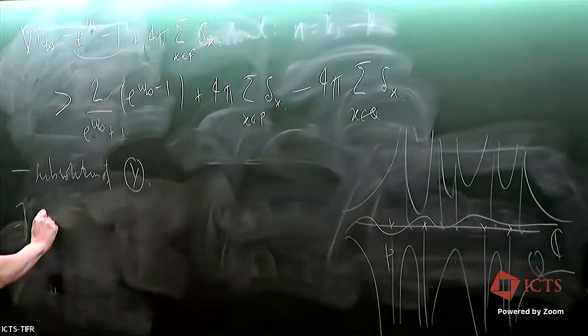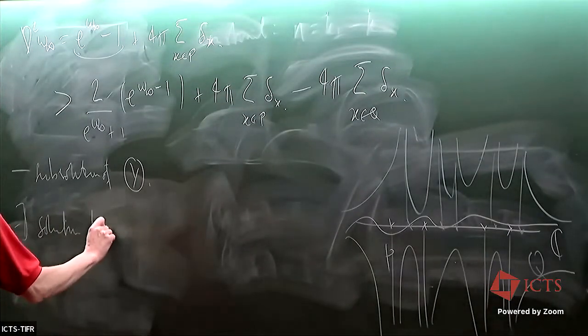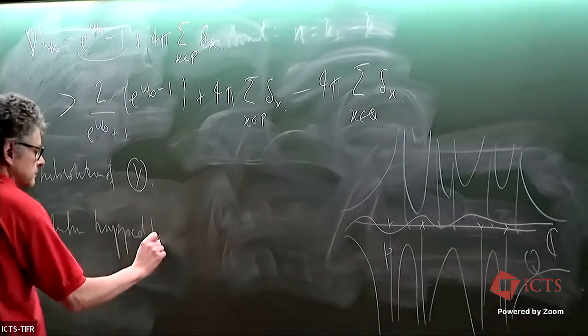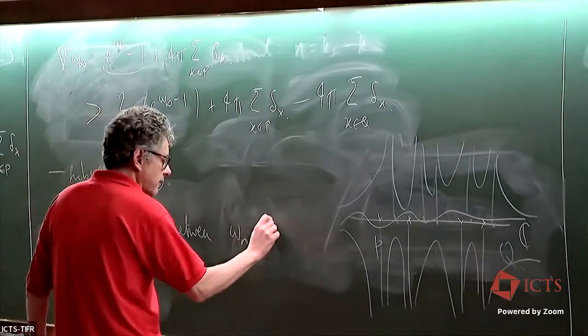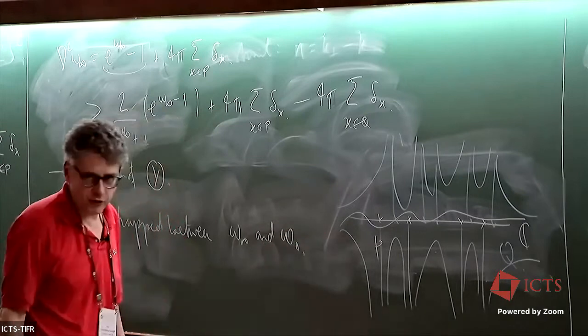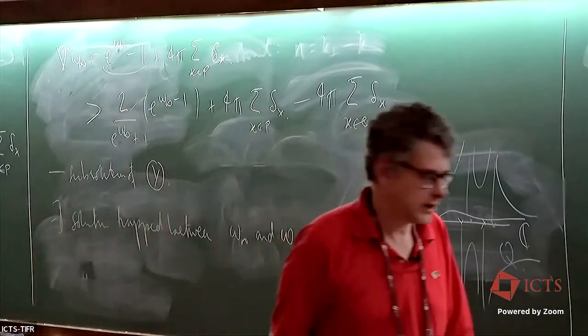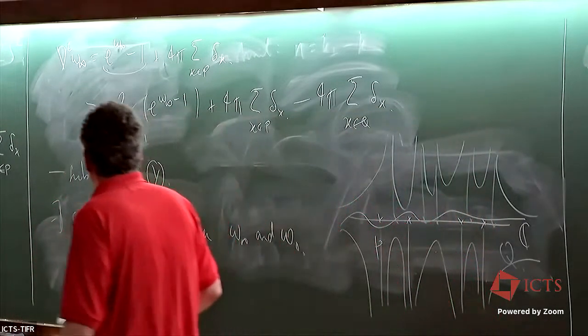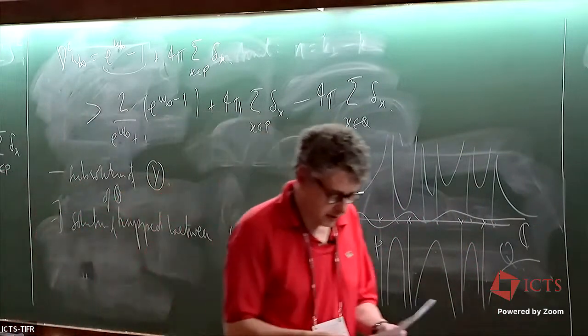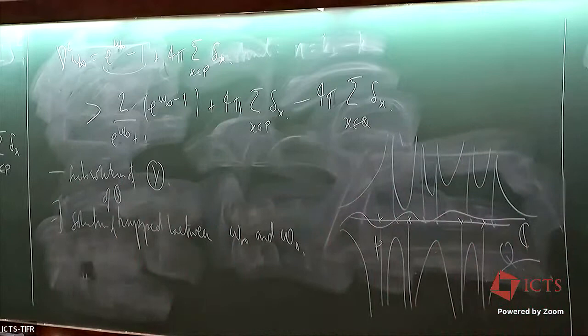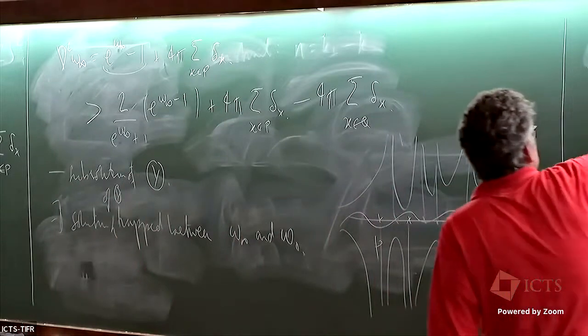Okay, so the claim is there exists a solution of Y trapped between W infinity and W0. Okay, I've called them W0 and W infinity very deliberately. What we do is we set up an iteration scheme.